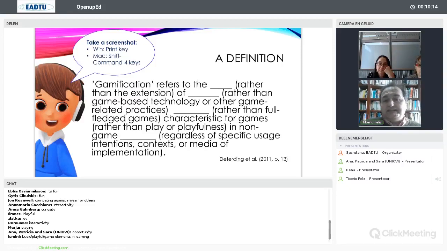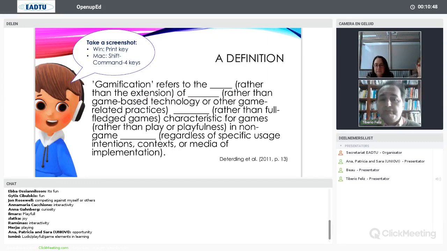So please, firstly, take a screenshot. A screenshot is very easy with the print key, or if you are on a Mac with Shift, Command, and number 4. Afterwards you could paste it in Paint or any drawing software, or directly in your word processor.